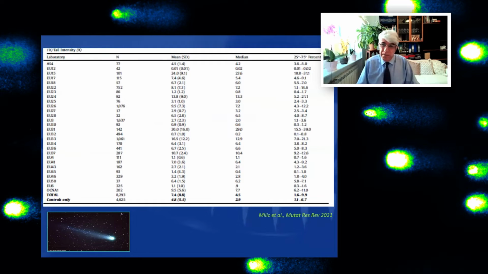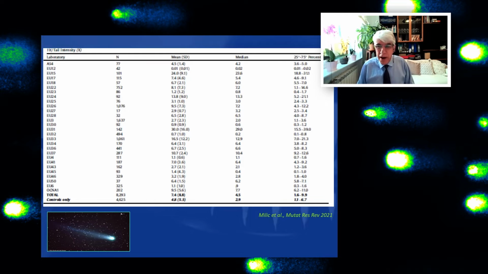For instance, one of the problems we had is that we have at least 4 different endpoints, 4 different predictors for the COMET assay: tail intensity, tail moment, tail length, and visual scoring.